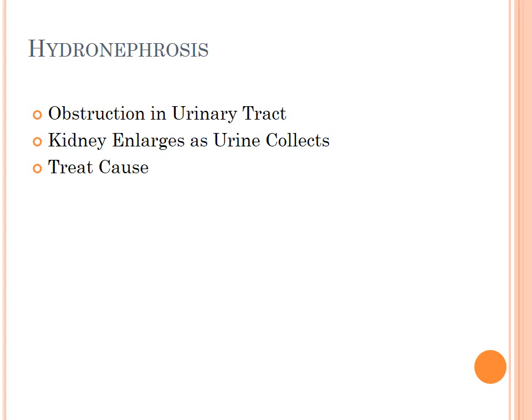If it's a mass, remove the mass. Somebody that has benign prostatic hypertrophy might have increased risk for hydronephrosis. Because the pelvis generally only can hold 5 to 8 mLs of urine, when there's obstruction, that can quickly enlarge that pelvis.